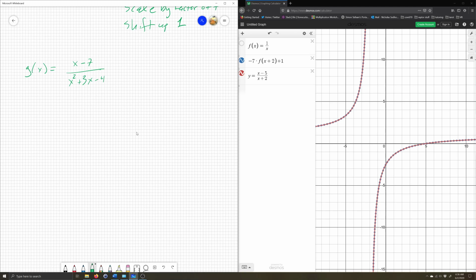And so the process I usually do is, first off, I identify intercepts. Intercepts has a t in it, x and y. I identify vertical and horizontal asymptotes.